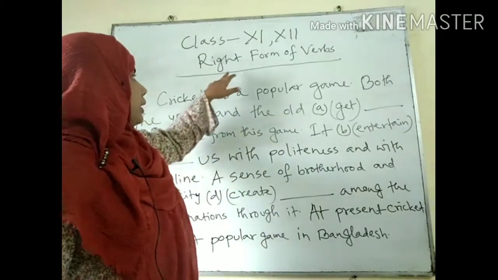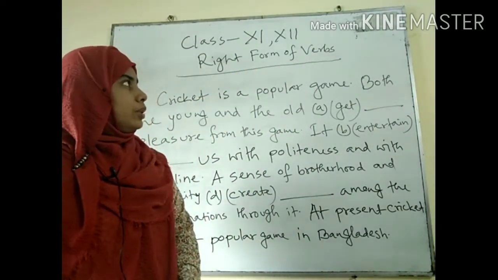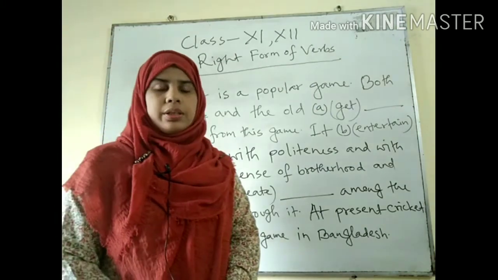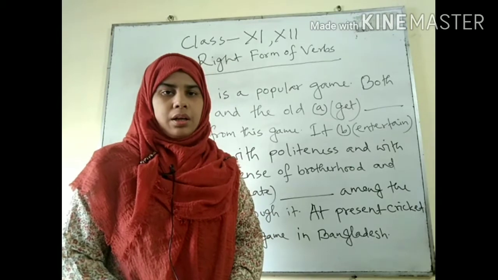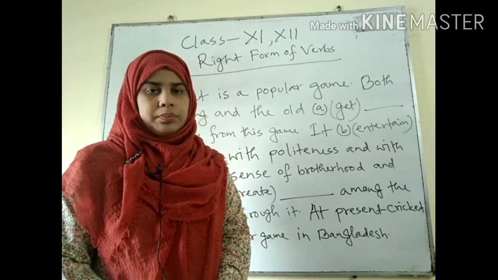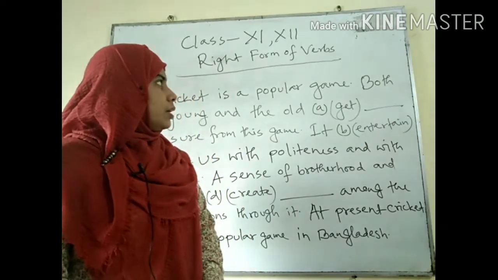Today I am going to take a class on right form of verbs. Though the class is for intermediate first year students, I would like to request the students of second year because most of the students are weak in right form of verbs.